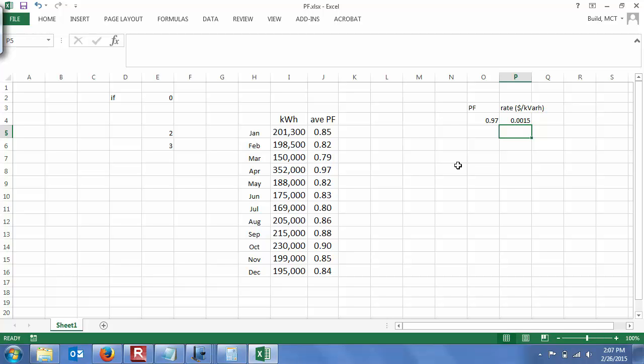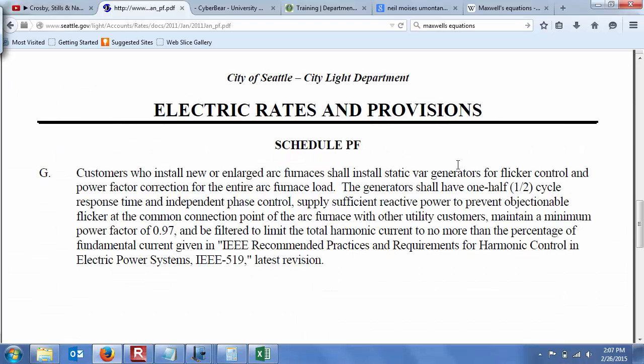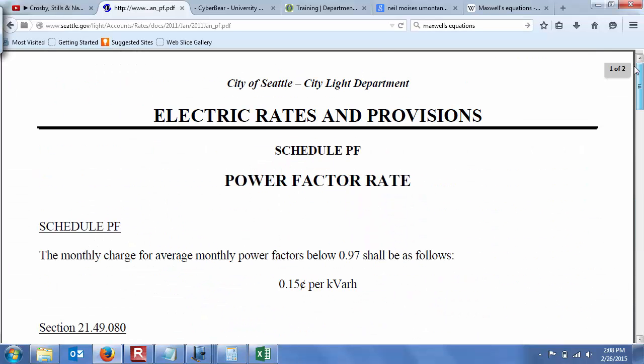Okay, here's what I'm struggling with already. We've got kilowatt hours used, but what they're asking for is per kVARH.